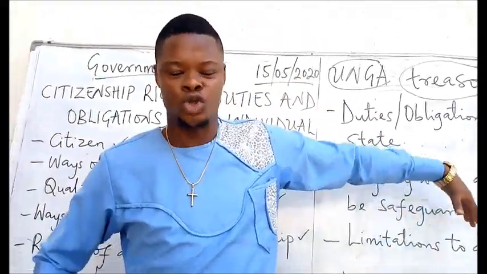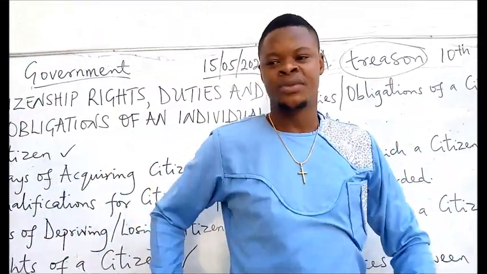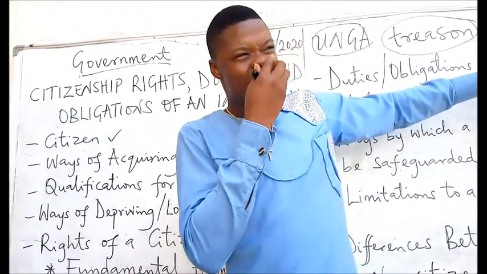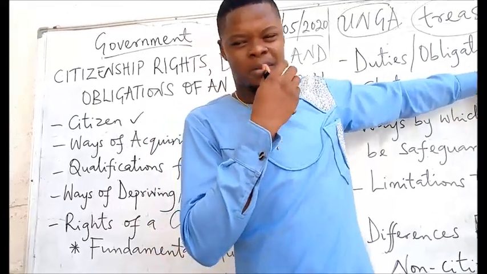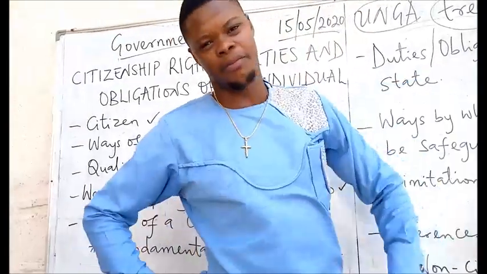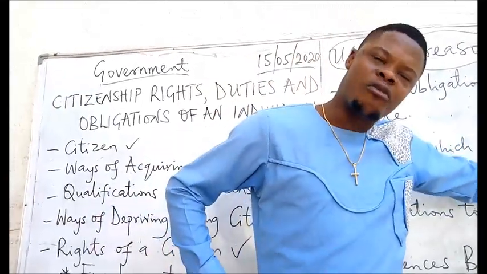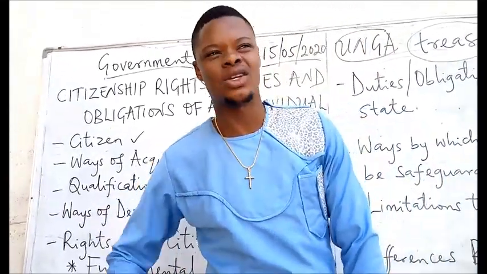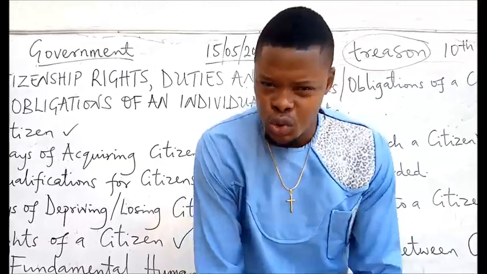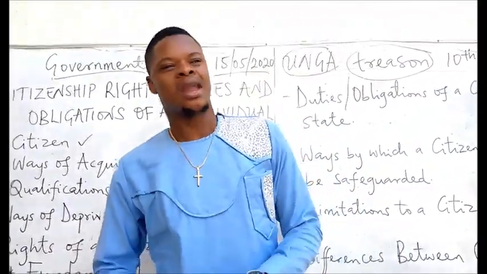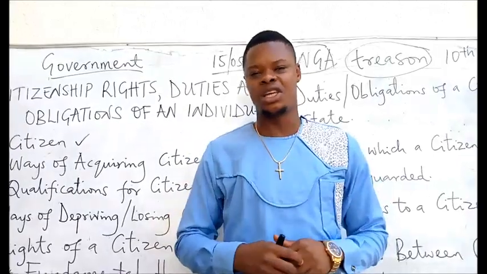It's a fundamental human right. Another one is freedom and protection from slavery and forced labor. So no one has to force the other to do a work. You have freedom from that. Another one is right to ownership of property.